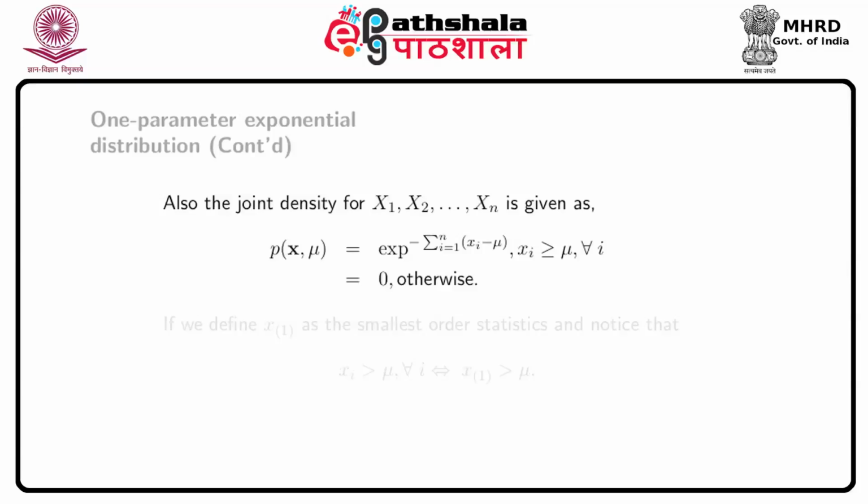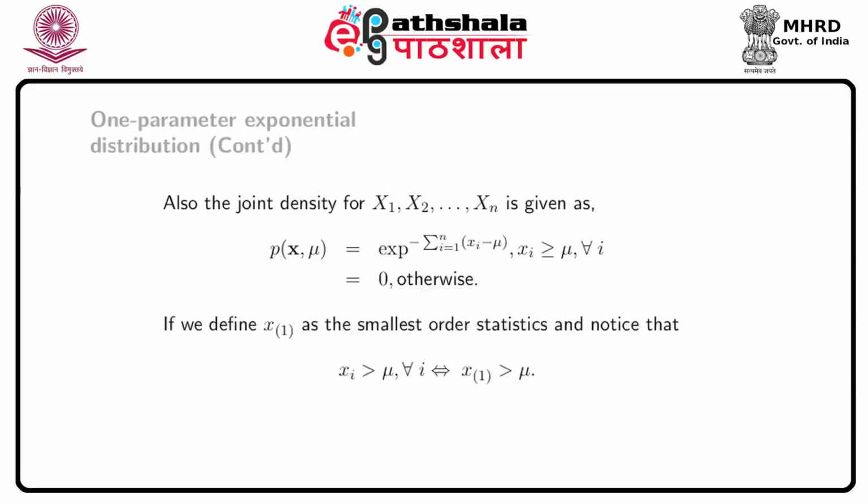Also, the joint density of x1, x2, ..., xn is given by p(x, mu) = exp(-summation i from 1 to n (xi - mu)), where xi is greater than or equal to mu for all i, and 0 otherwise.